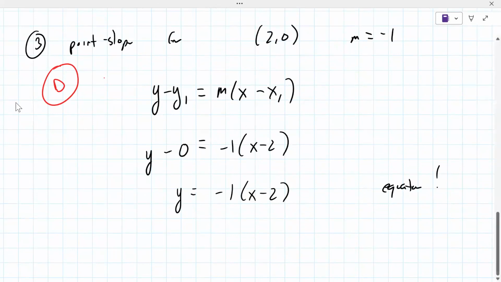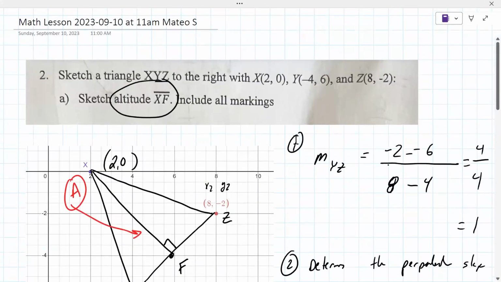Okay, for part B, let's just do part B real quick. Oh, we did part B. Sorry. It is right here. So you actually have everything. A, B, C, and D. Nice.